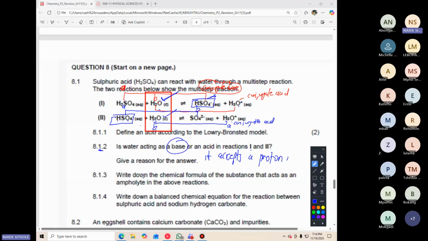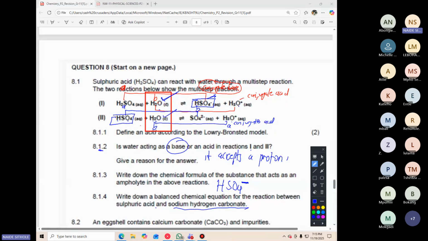Then write down a chemical formula of the substance that acts as an ampholyte in the above reaction. HSO4 minus. Write down a balanced chemical equation for the reaction between sulfuric acid and sodium hydrogen carbonate. Right?